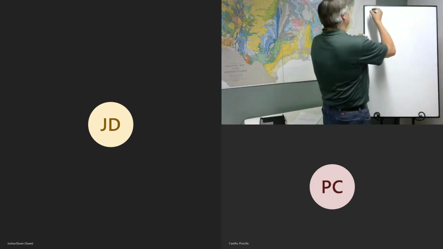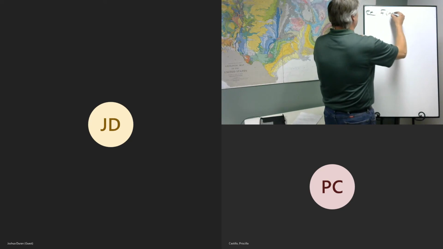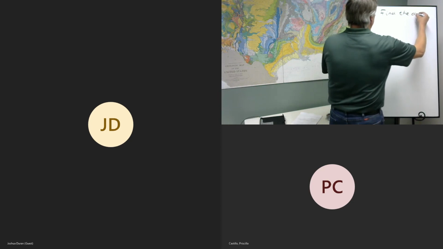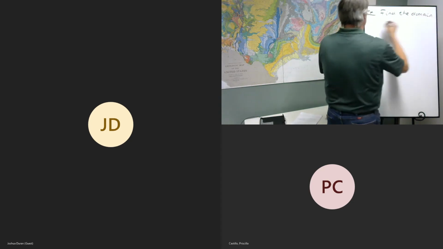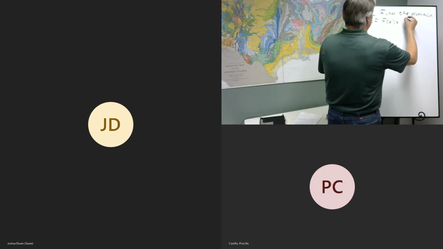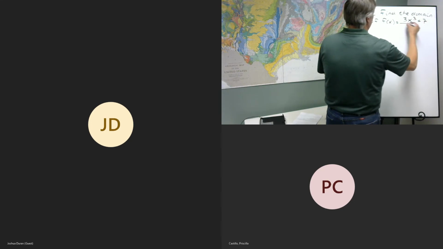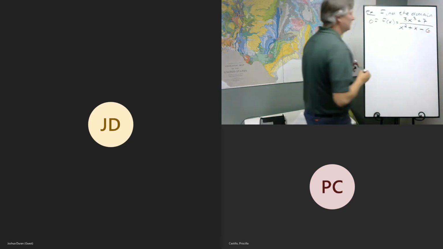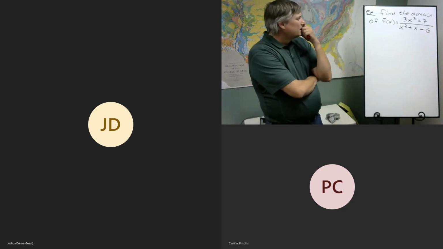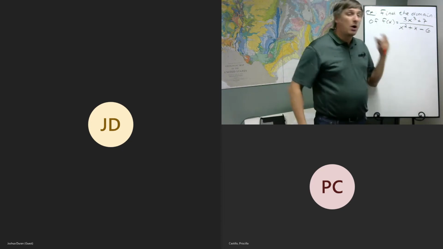So for example, something like this. Well, what we want to identify are the values of x that we want to avoid.